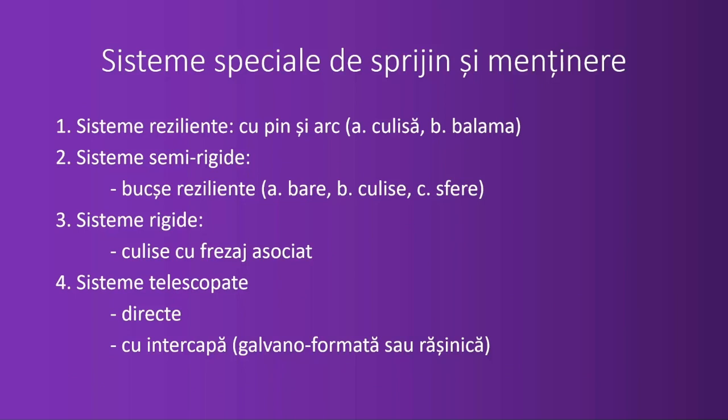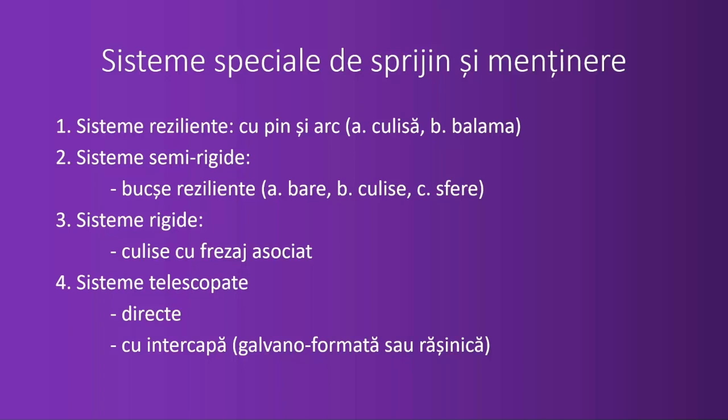Okay, we won't discuss all of them, but we will exemplify the most frequently used. First, there were resilient systems: pin and spring, the hinge or the coulisse. The hinge is still used up to this day.